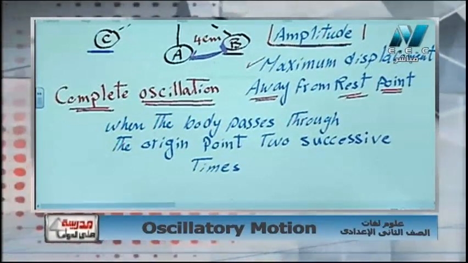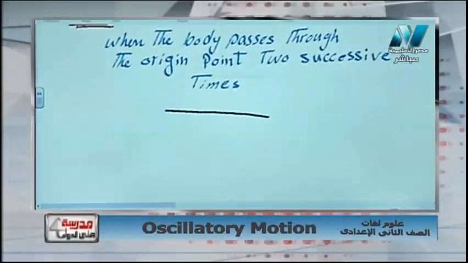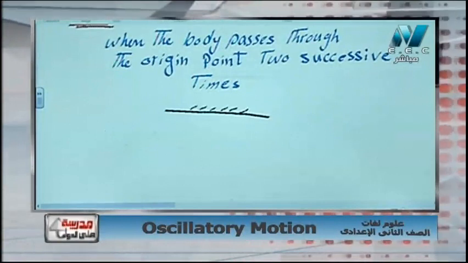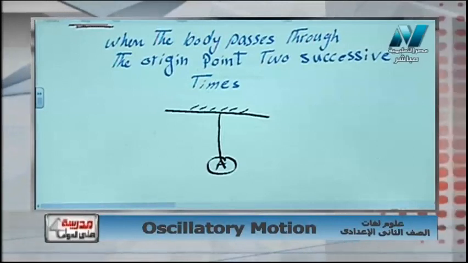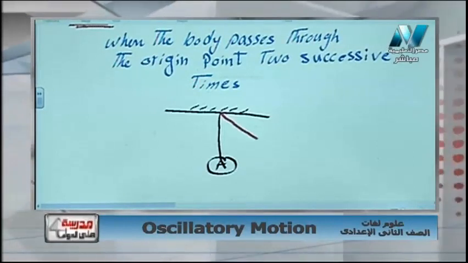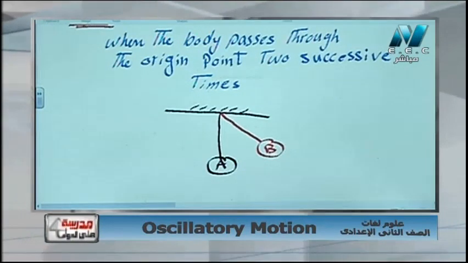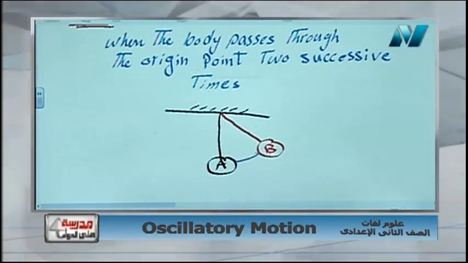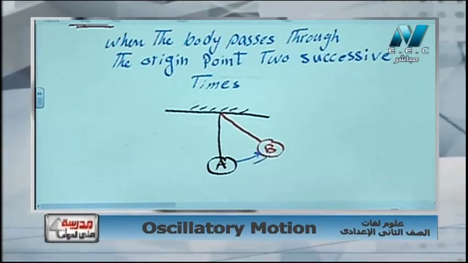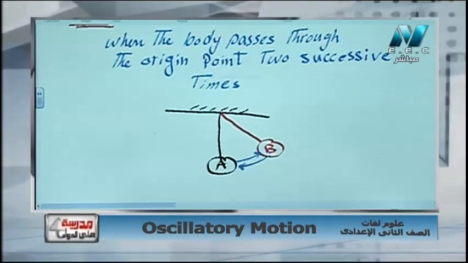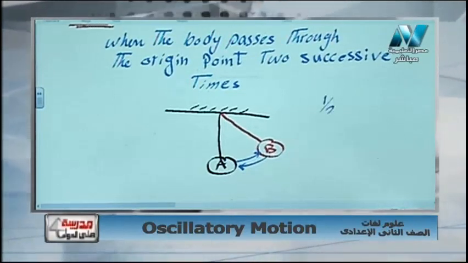For example, if we have an oscillating body, as you see here, the simple pendulum moves from point A to point B. Then it returns back to point A, so here it made a half oscillation.